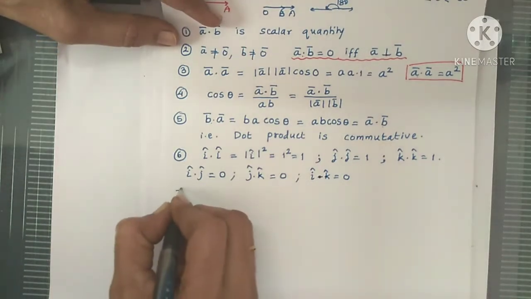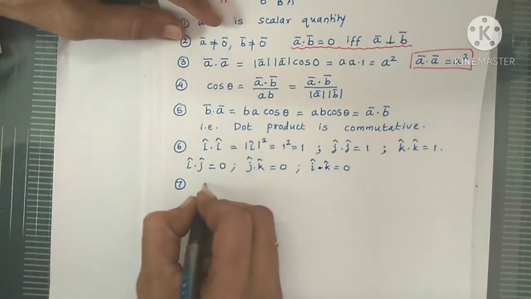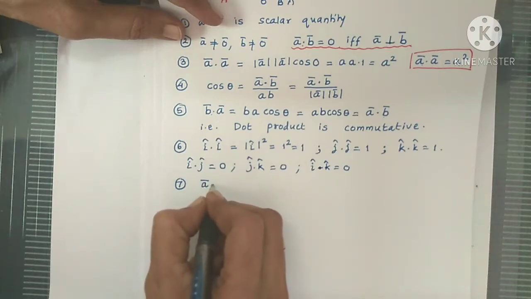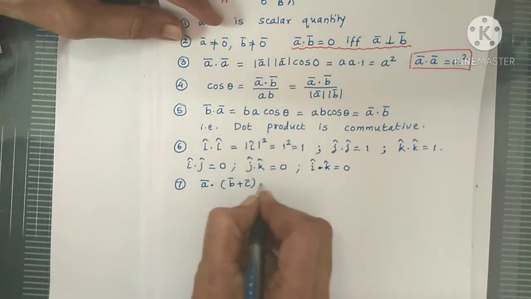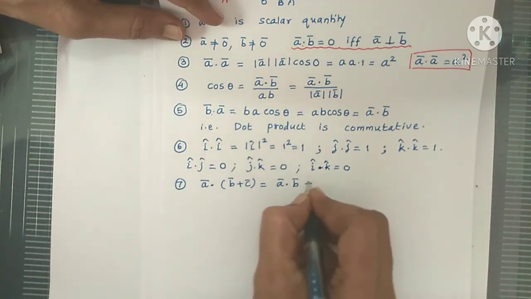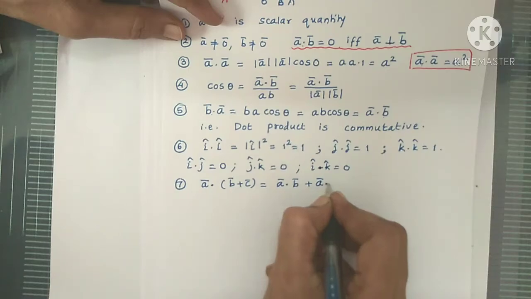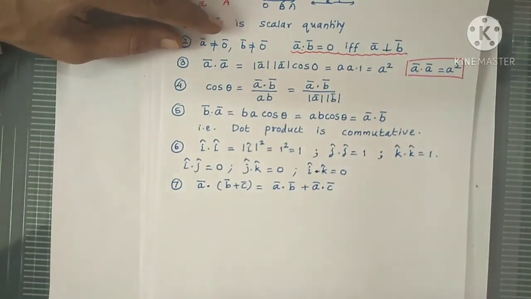Next one is dot product is distributive over vector addition. So if I take a bar dot b bar plus c bar, then it is a bar dot b bar plus a bar dot c bar. This is known as distributivity of dot product over vector addition.